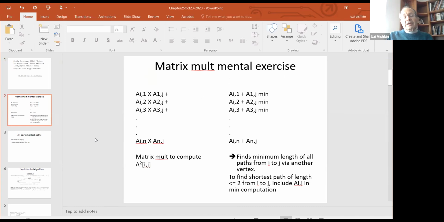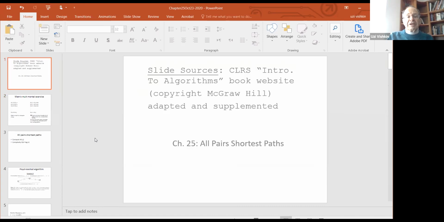So I wanted to make a point here. I hope that the problem is clear, right? The problem is all-pairs shortest path.